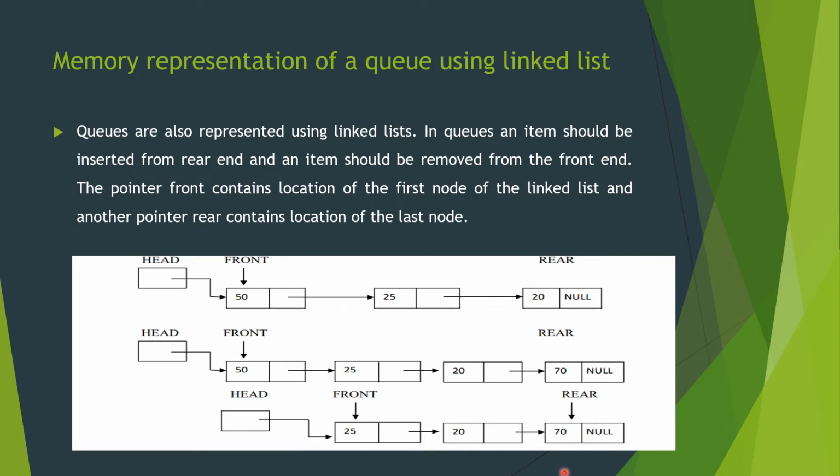Queues are also represented by using a linked list. In the queue, an item should be inserted from the rear end, and an item should be removed from the front end.